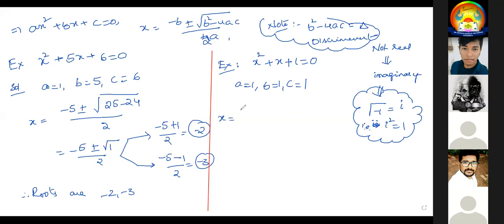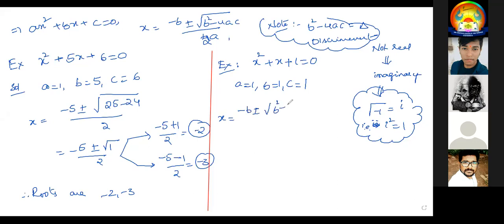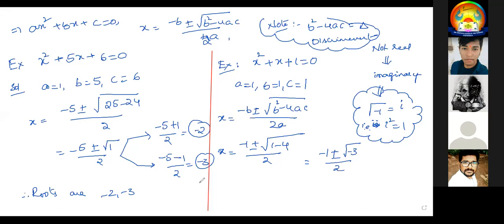Now x is equal to minus b plus or minus root over b square minus 4ac by 2a. That is x is equal to minus 1 plus or minus root over 1 minus 4 by 2, that is minus 1 plus or minus square root of minus 3 by 2.